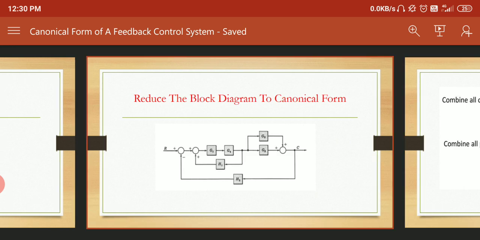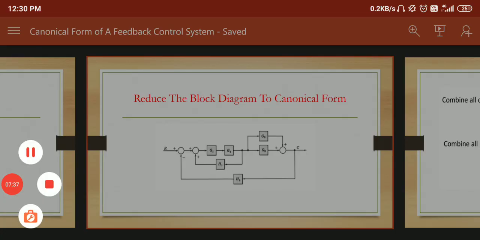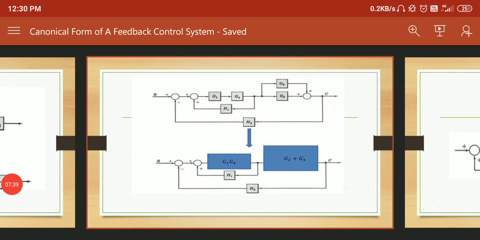That is, G1 and G4 are combined, and G2 and G3 are combined in this example. When two blocks are in series, we multiply them, and when two blocks are in parallel, we add them, and replace in the main diagram.